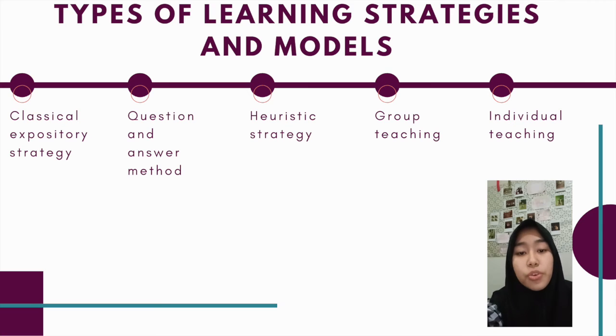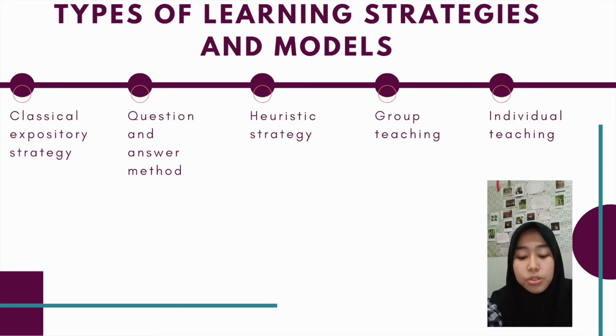The second is question and answer method. This method is for increasing students' level of thinking and determining the level of cognitive ability of students. According to Donald C. Orlich, questions can be categorized into three: convergent, divergent, evaluate.